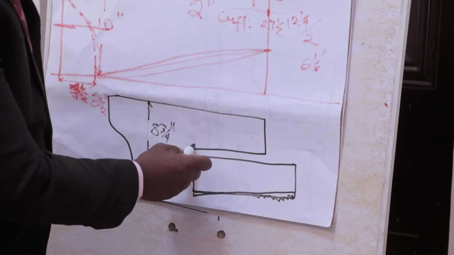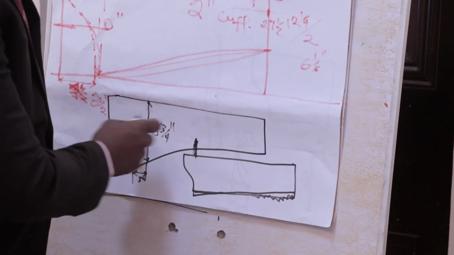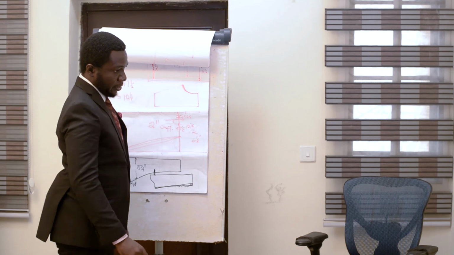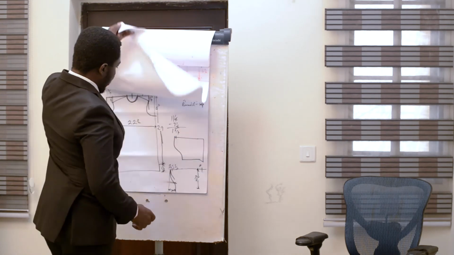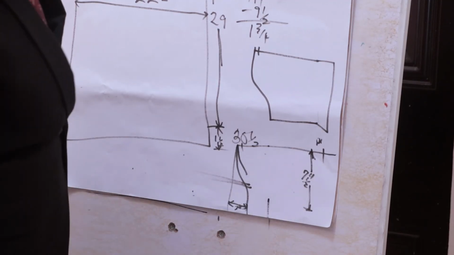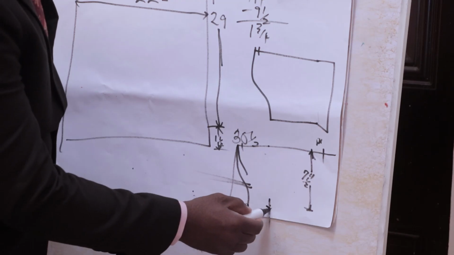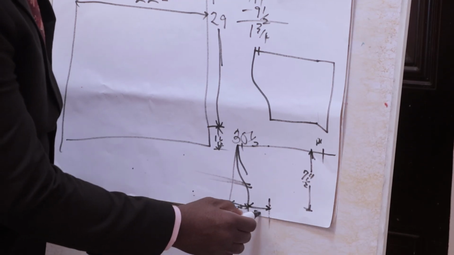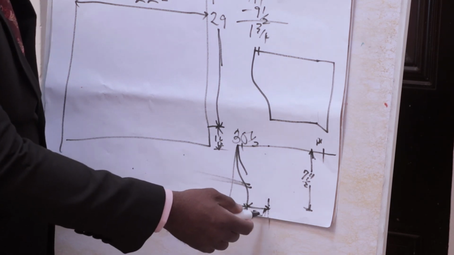So this full curve must at least start after half of the full length of the sleeve. Coming back here, this should be achieved at 2 inches wideness, 2 inches from the shape. After that shape, you have 2 inches.